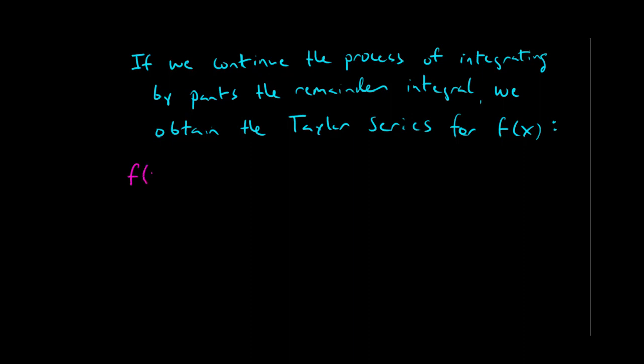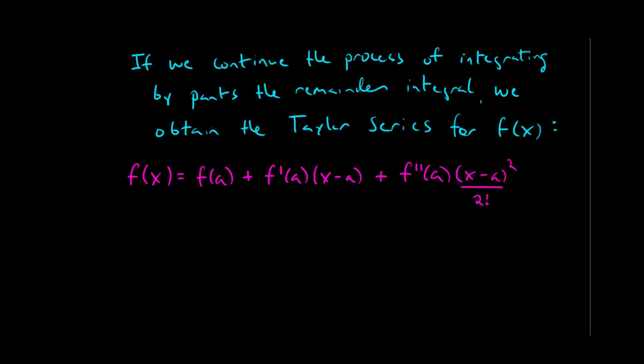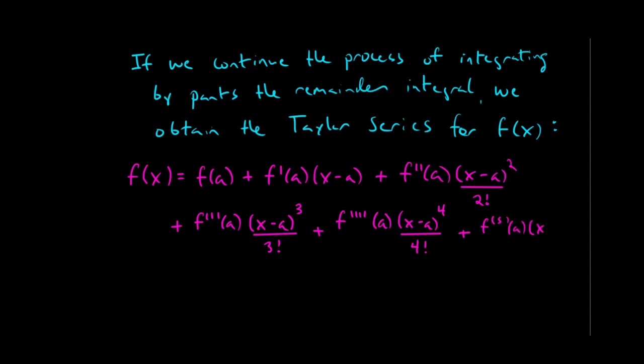And we can write f of x equals f of a plus f prime of a times x minus a plus f double prime of a times (x minus a) quantity squared over 2 factorial plus f triple prime of a times (x minus a) quantity cubed over 3 factorial plus f quadruple prime of a times (x minus a) quantity to the fourth over 4 factorial plus the fifth derivative of f at a times (x minus a) to the fifth over 5 factorial plus, and so on, plus the nth derivative of f at a times (x minus a) to the power of n over n factorial.